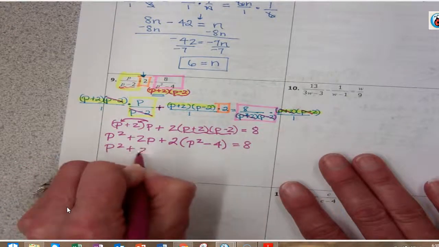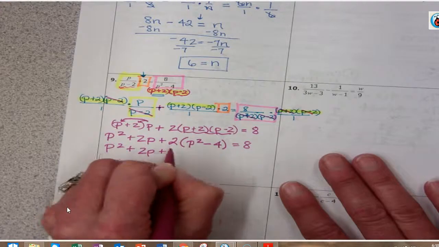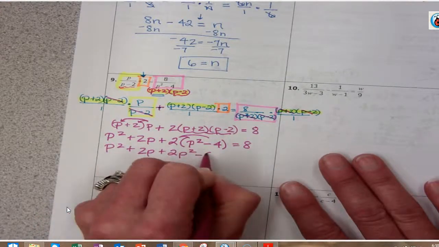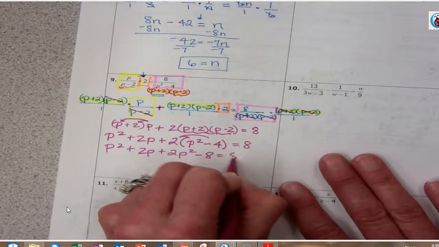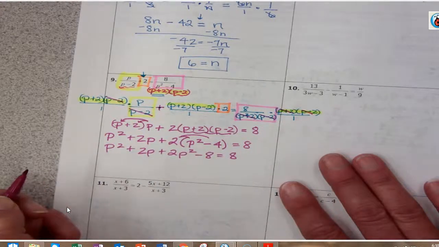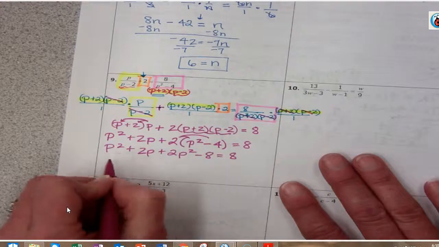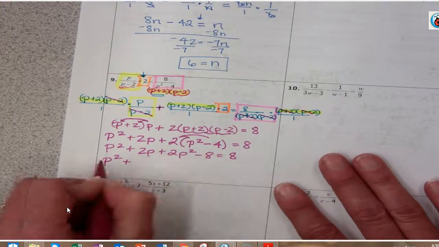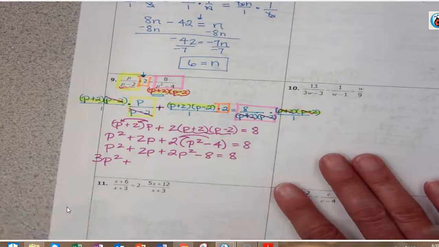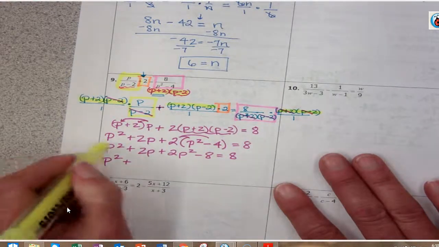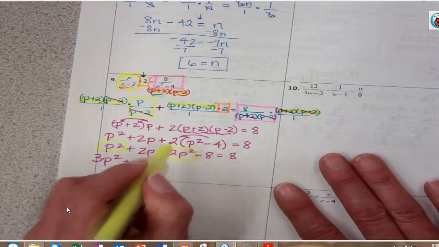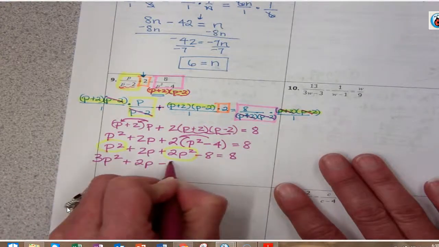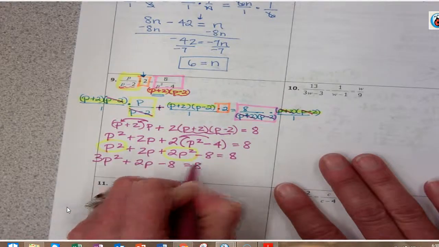If I distribute that, 2p squared minus 8 equals 8. Then combine my like terms, p squared plus, 3p squared, because I've got these two like terms, plus 2p minus 8 equals 8.